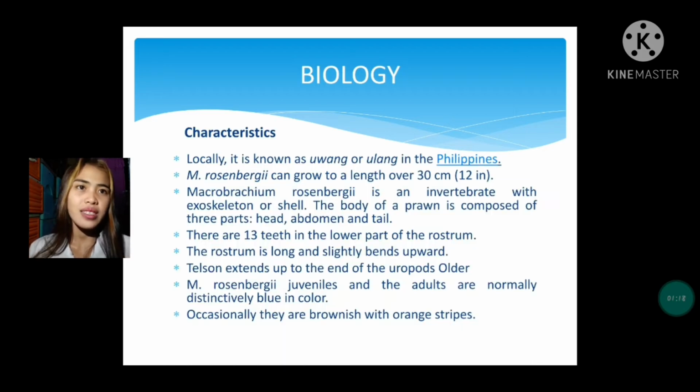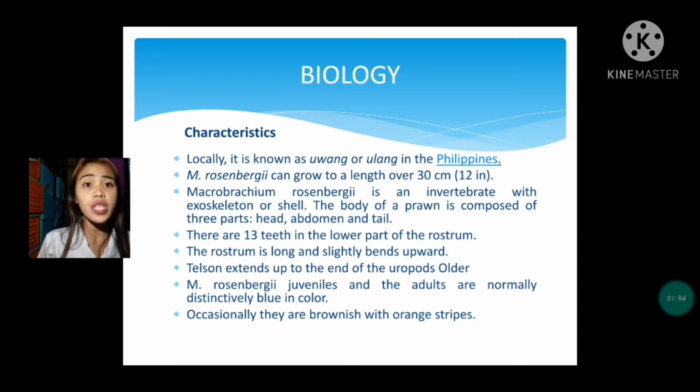The next is the characteristics of the giant freshwater prawn or giant freshwater shrimp. Locally, here in the Philippines, we call it uwang or ulang.